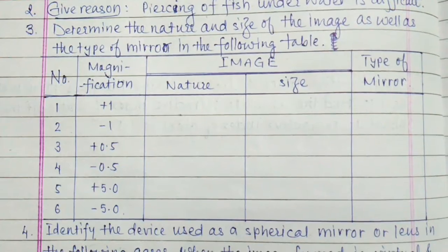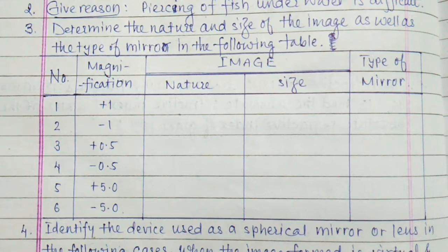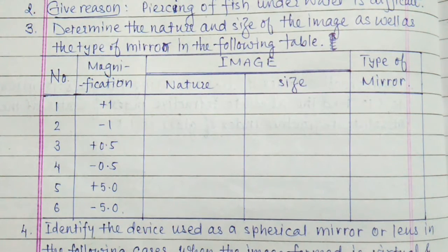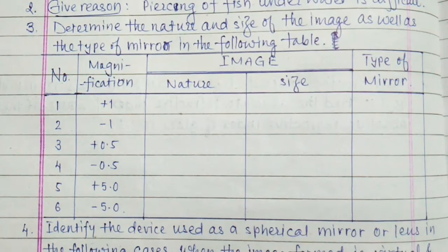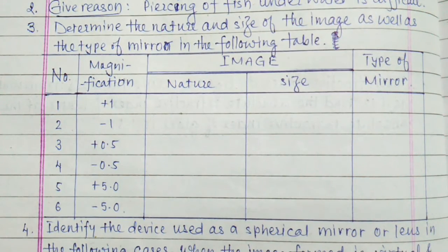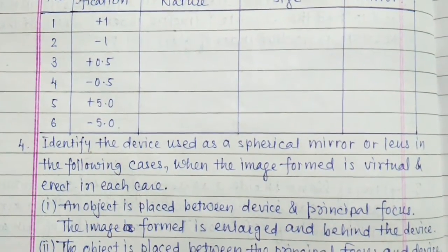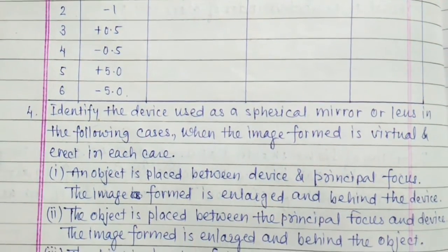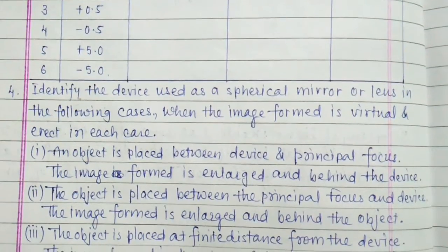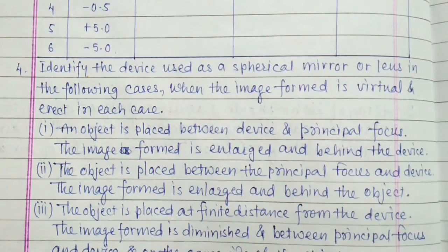In the third question, some magnification is given according to the Cartesian sign convention, and from calculation you have to find the nature, size and type of mirror. Which type of mirror is used? Due to power and magnification, you have to find this. Here some situations are given.